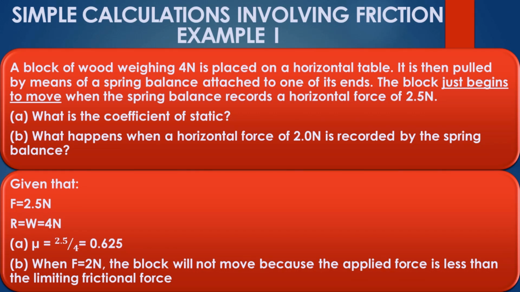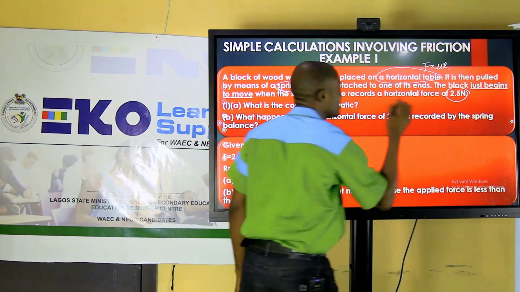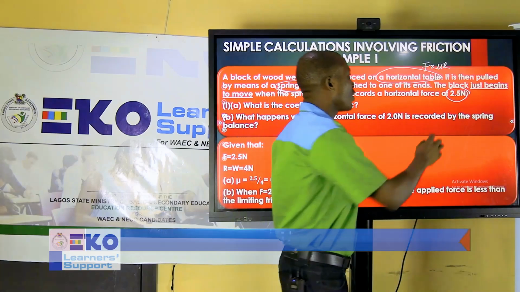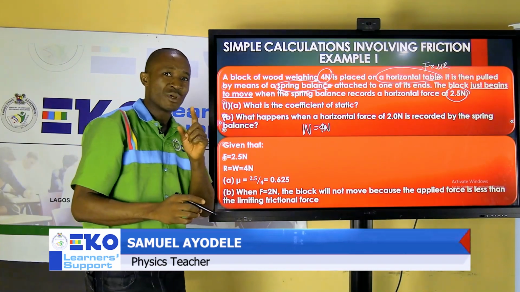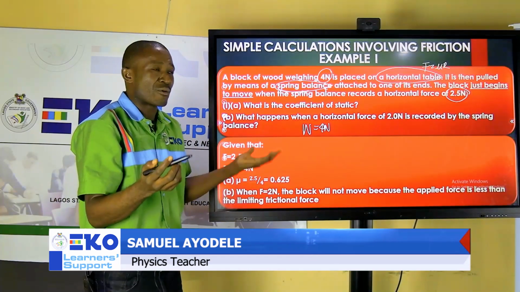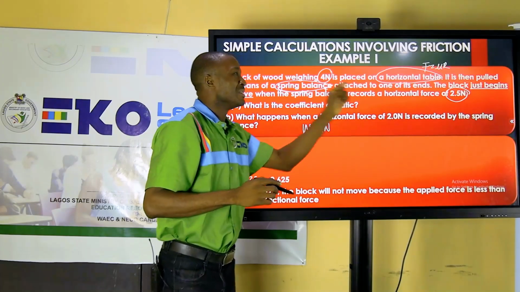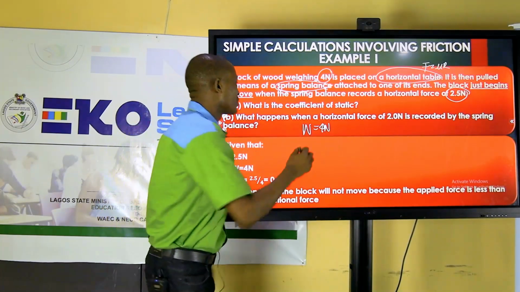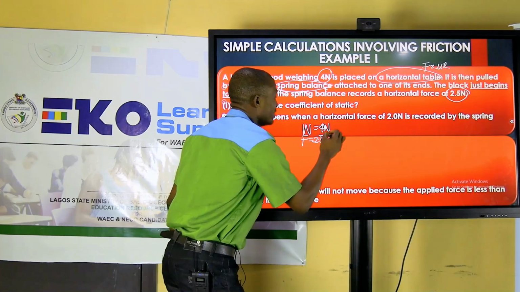Just begins to move when the spring balance records a horizontal force of 2.5 Newton. So from that statement that it just begins to move, it means that if the force is not up to 2.5, that block will not move. So if that block will not move, it means there's nothing we are going to calculate. So for the horizontal force to be 2.5, the block will just move. So the applied force now is taken as 2.5 Newton.